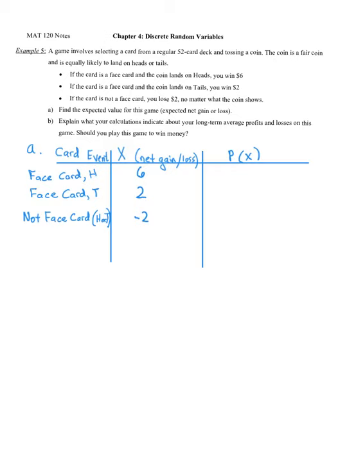Now we'll figure out our probability. The probability of getting a face card is 12 out of 52 times the probability of flipping a head is 1/2.